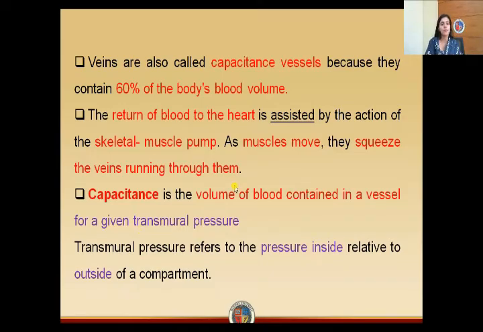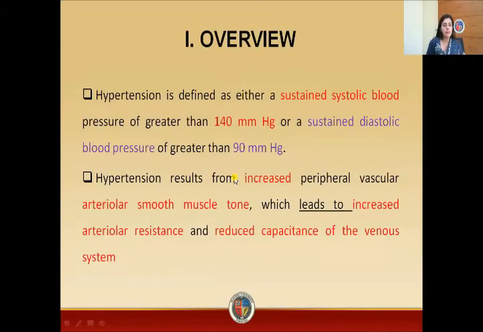Now, coming towards hypertension. Hyper means increase. So, what is hypertension? In hypertension, there is a sustained increase in blood pressure. How can you define hypertension?